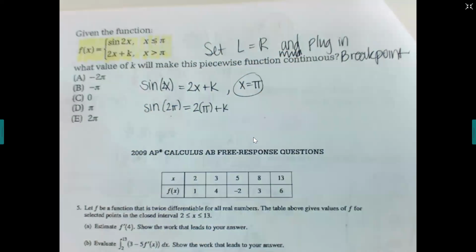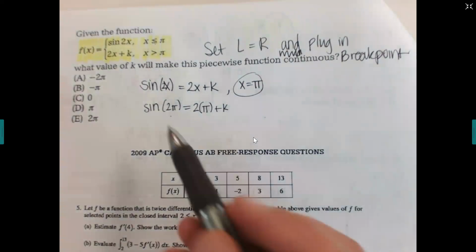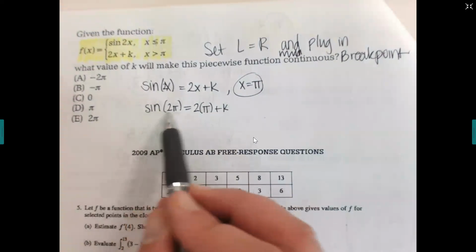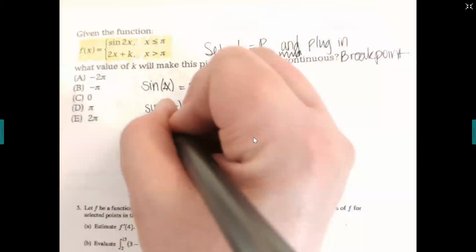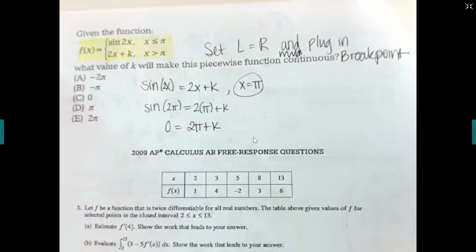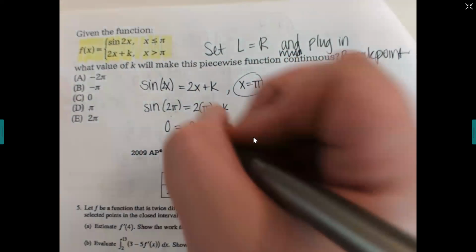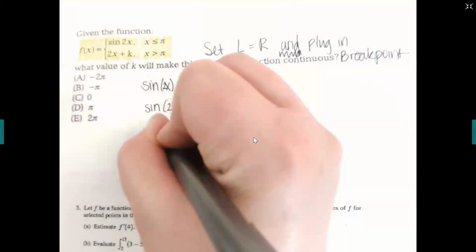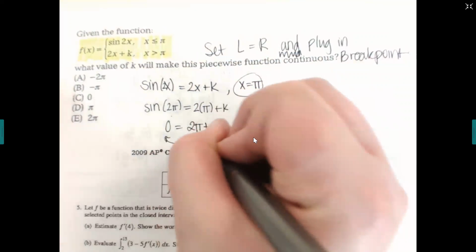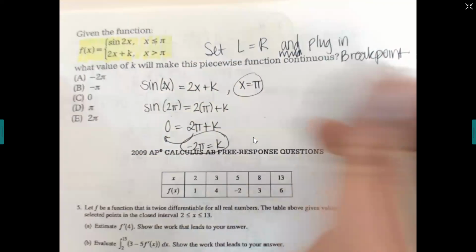And then what angle is 2 pi the same as on the unit circle? 360, which is the same as 0. So that means this is really just the sine of 0. What is the sine of 0? 0. So then 0 equals 2 pi plus k, which means what's k? 2 pi. Oh, negative 2 pi. Negative 2 pi, which would be k.